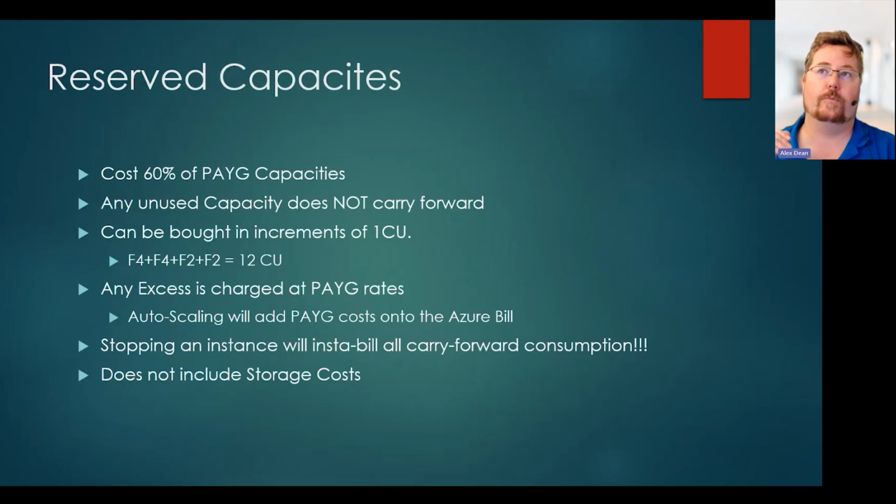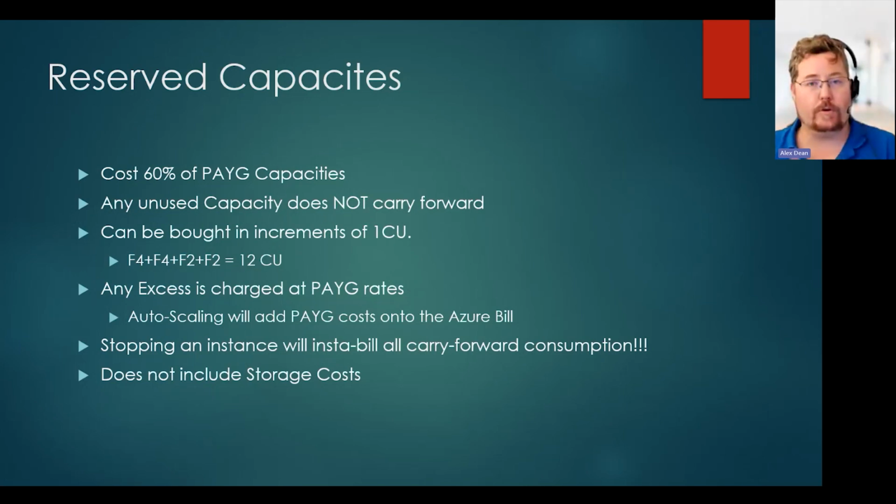If you use auto-scaling, like I described it earlier, I'll bump up my capacity from an F4 to an F64 and then take it down again. That extra half an hour where my total capacity that I was using assigned to all my workspaces was above my reservation, that gets charged at pay-as-you-go rates on top of your reservation bill.